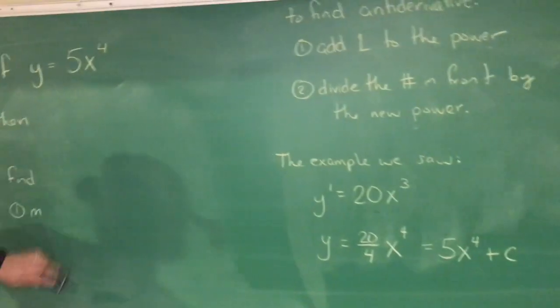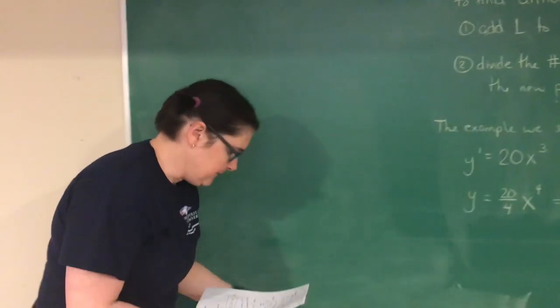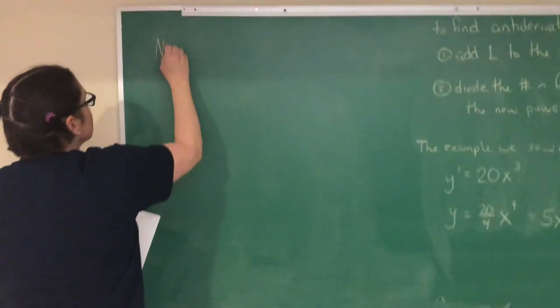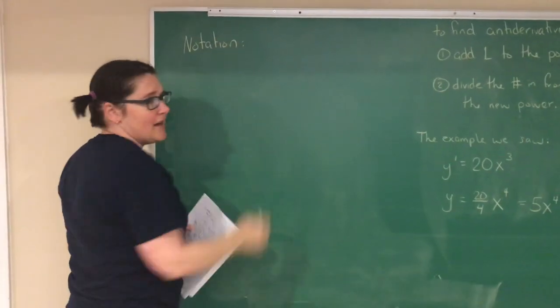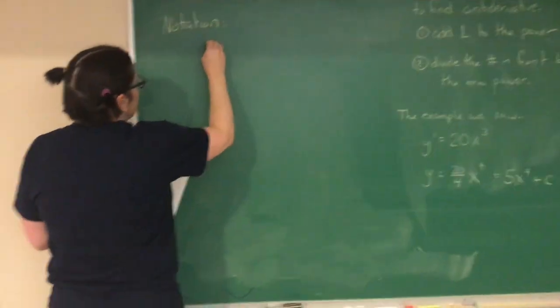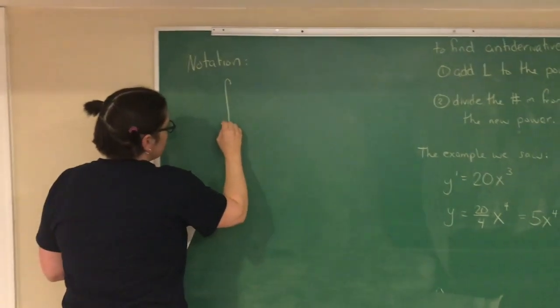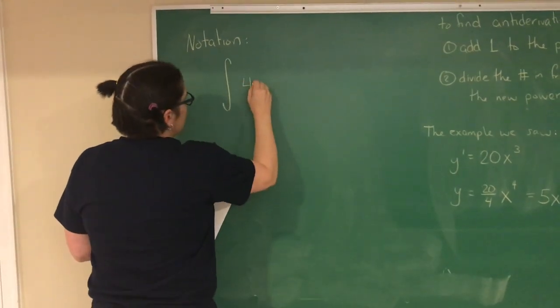We're going to do a few more examples here, but before we do, I want to talk to you about some notation. Some notation that goes along with these antiderivatives, and here's what it looks like. So this notation, there's this long, stretched out, skinny s, and then I have some kind of a function in the middle.